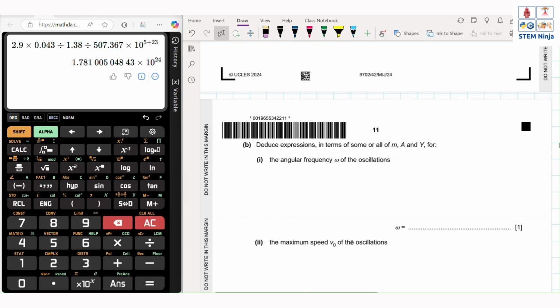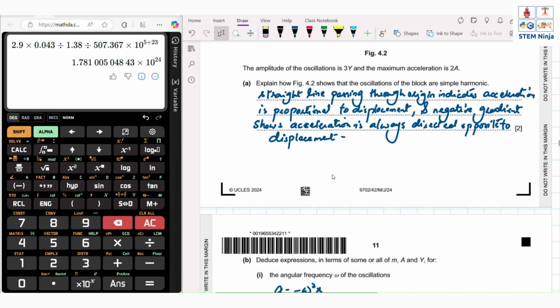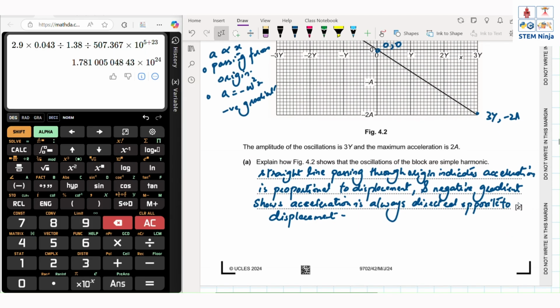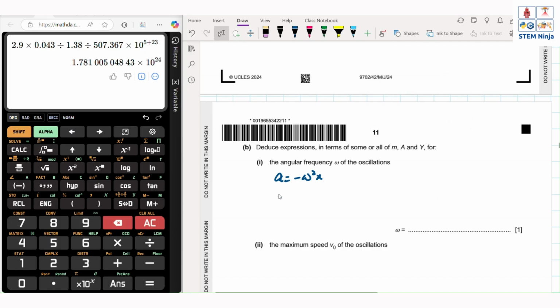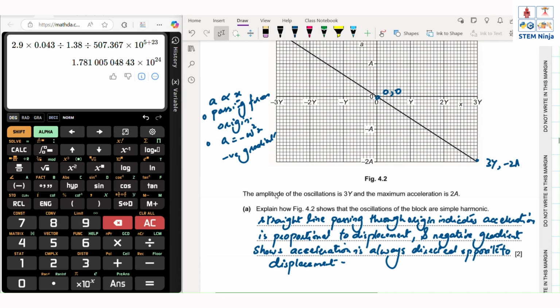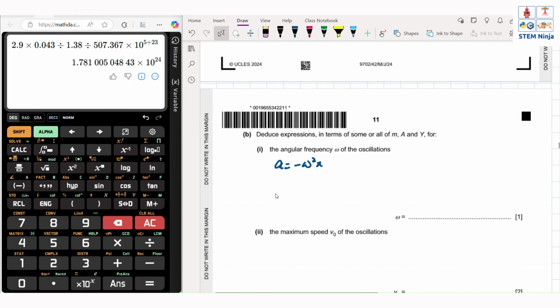Deduce expressions in terms of some or all of m, a, and y for the angular frequency of oscillations. So angular frequency can come from this. Since this is passing through the origin, one of the points is 0, 0. Then we have 3y and minus 2a. Displacement is 3y, acceleration is minus 2a.